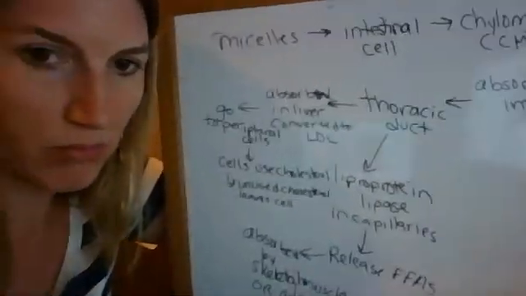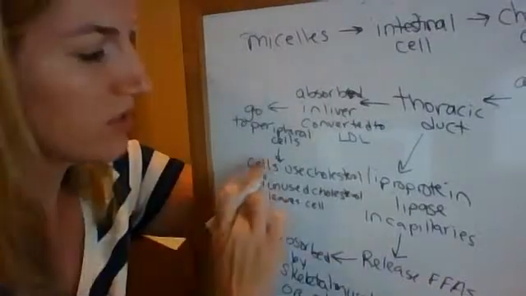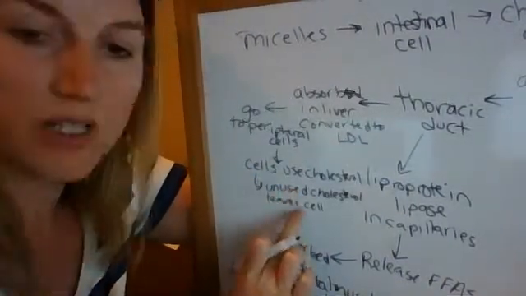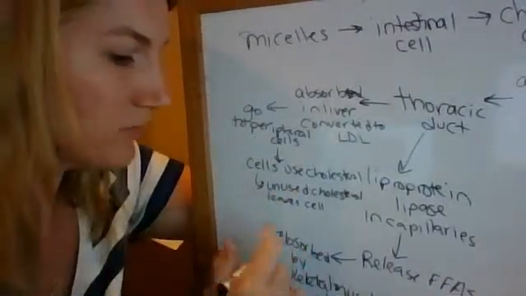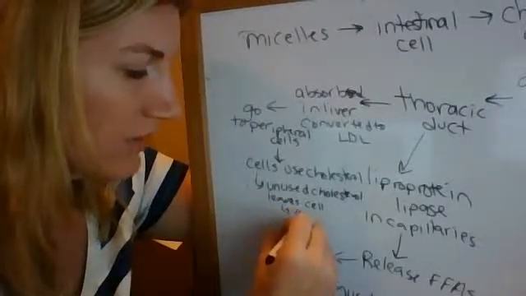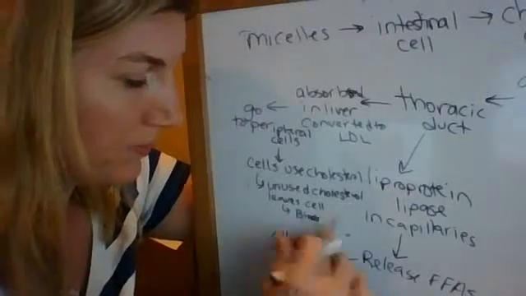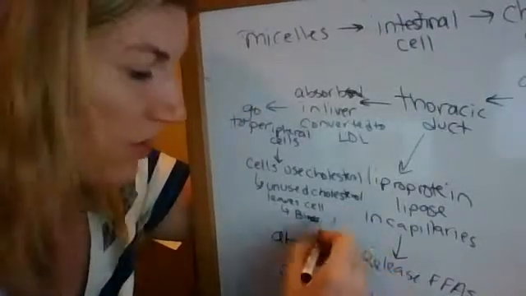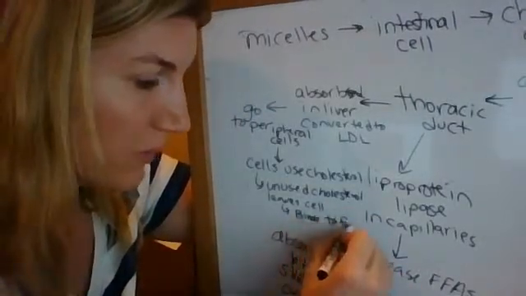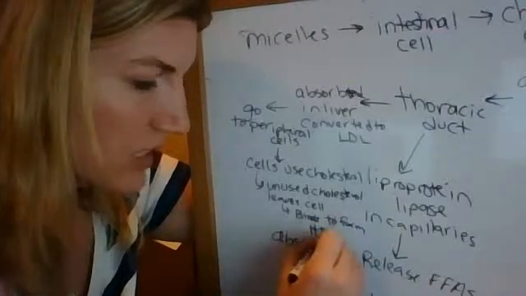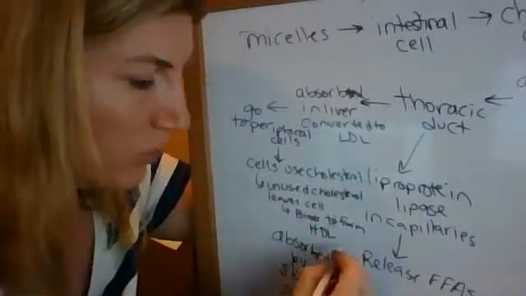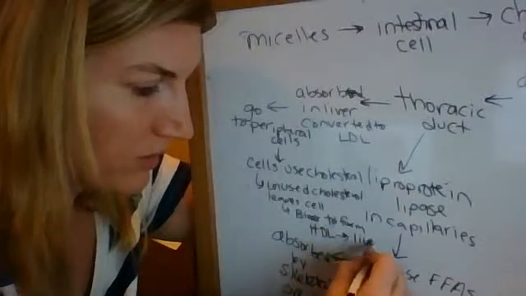Hopefully you can see this. So the cell uses the cholesterol, and the unused cholesterol leaves the cell, and it binds together to form an HDL, which goes back to the liver.